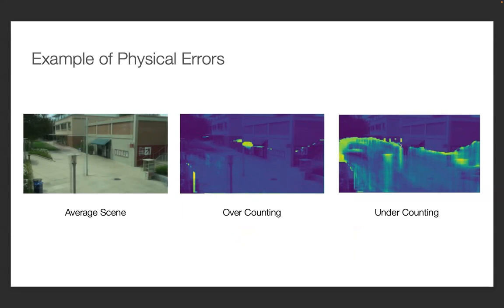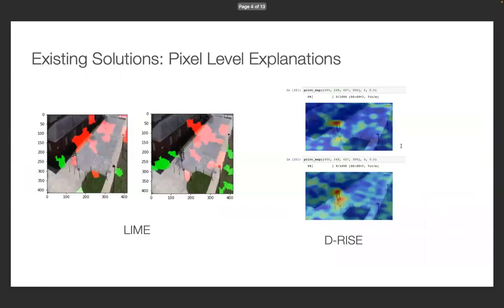For example, with some training data on the VIRAT dataset, we can see that given an average scene of a sidewalk, we have overcounting and undercounting of pedestrians that correlate with visual features of that scene, such as the lamppost, and then undercounting at places further away and places obstructed by trees and other visual indicators.